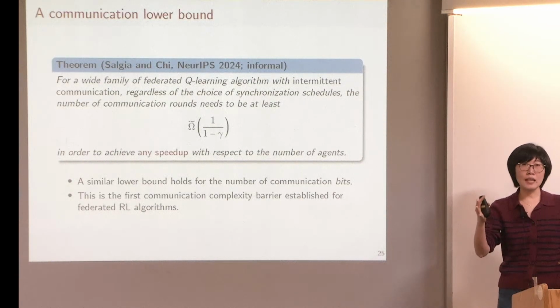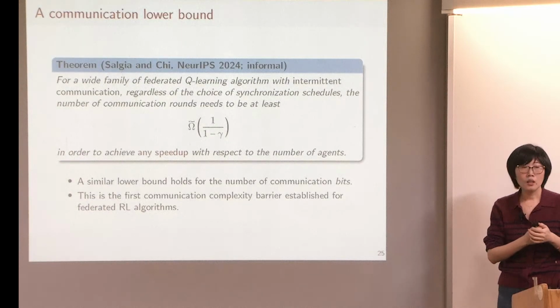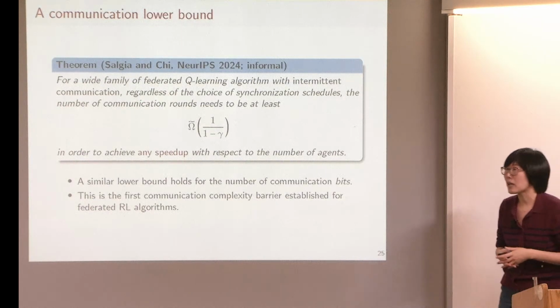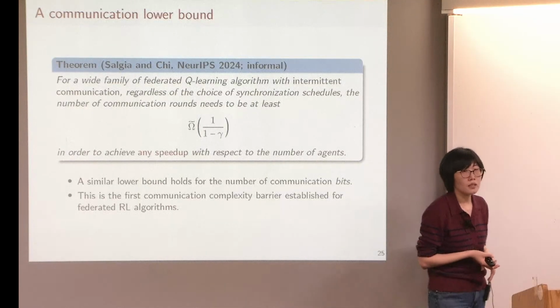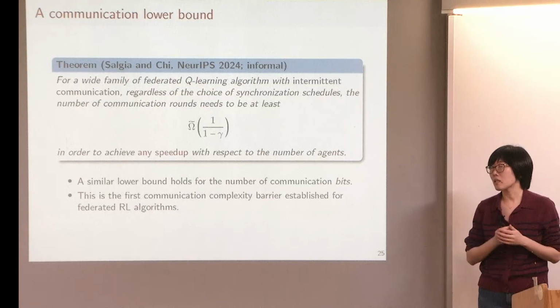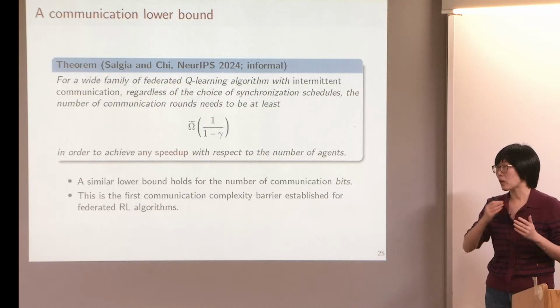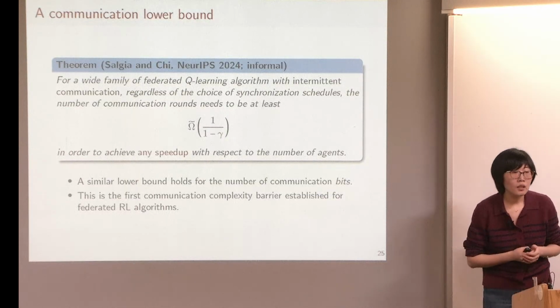You let the agents do some local computation, you then allow them to communicate, and then you do this and so on and so forth. So for this family of algorithms, regardless of your choice of synchronization schedule. You don't have to make the synchronization schedule periodic at all. You can have some design flexibility there.